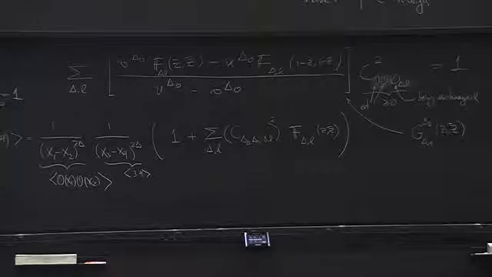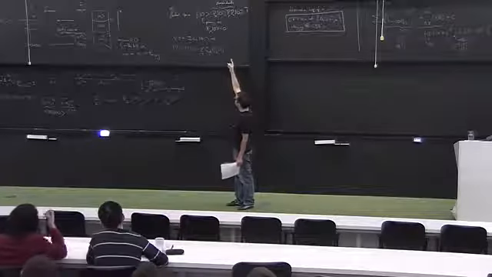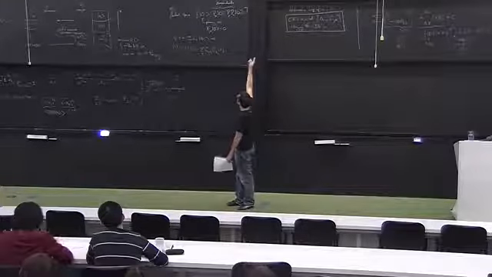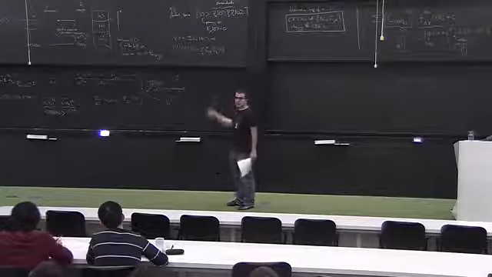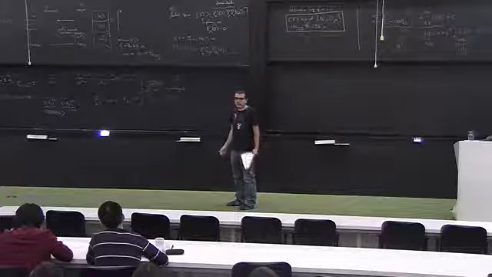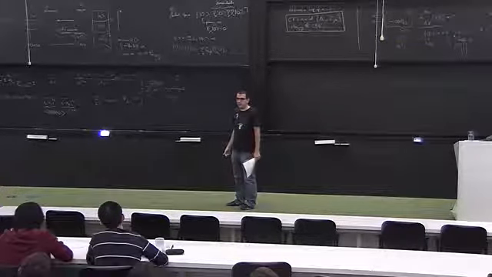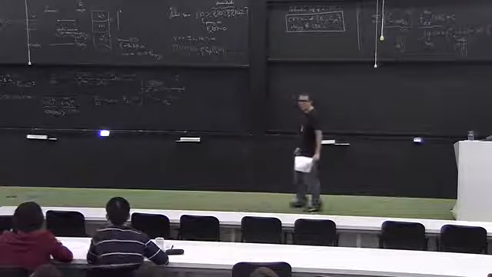Yes. Why does the right-hand side of the equation equal 1? Right. No, it's 1 because I separated the identity. I wrote that sum as the identity plus everything else. The identity I put on the right-hand side, and then I divide by the identity. And when you divide something by itself, it's 1. Right?